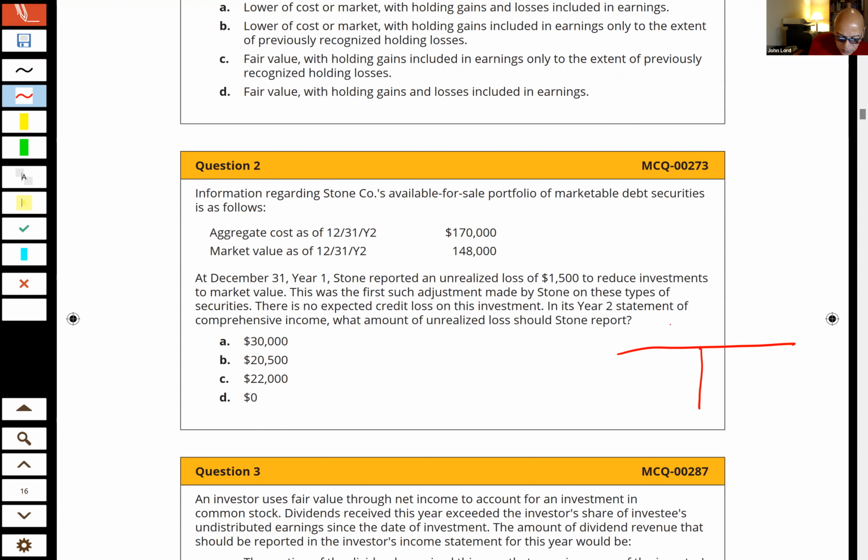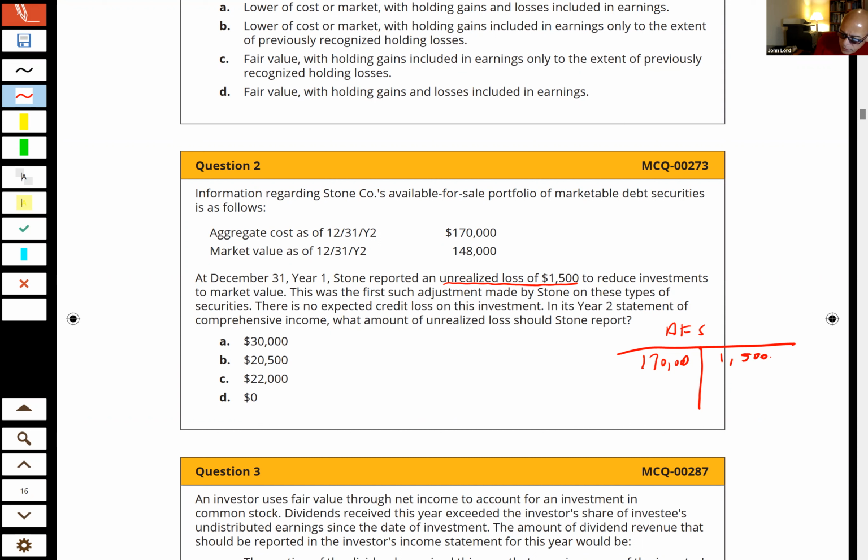They're telling me that it's a debt security, an available for sale security, and they bought it for 170,000. That was the cost. And at December 31st, year one, they reported an unrealized loss of 1,500.